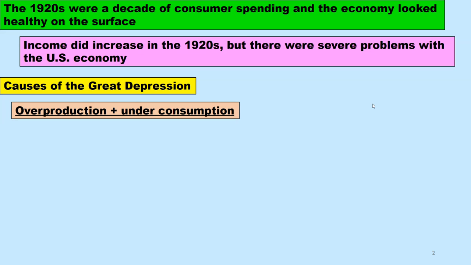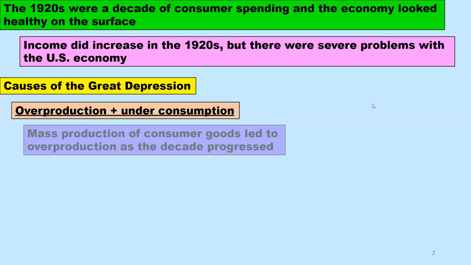Okay, so the first one is a term called overproduction and underconsumption, which, if you just think about what those words mean, it probably makes sense. Because of the mass production of consumer goods, especially in the early part of the 1920s, right after World War One, the supply and demand was being met. There was equilibrium, which is maximizing profit and is healthy.